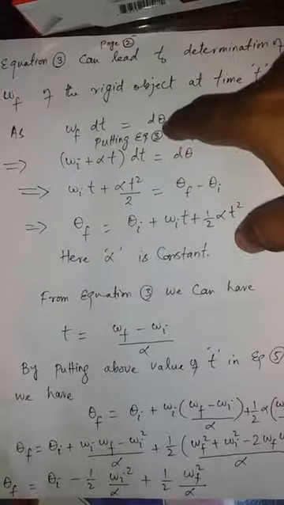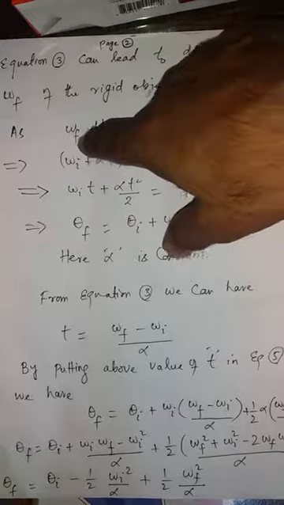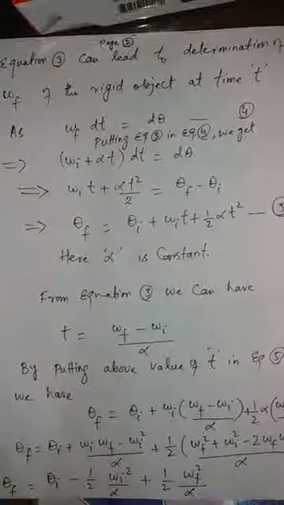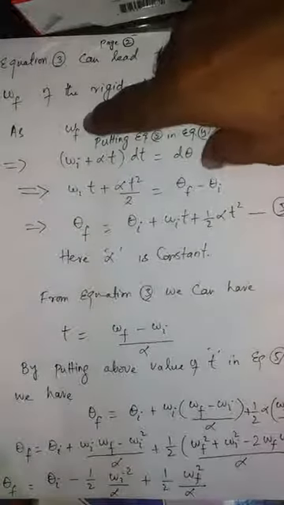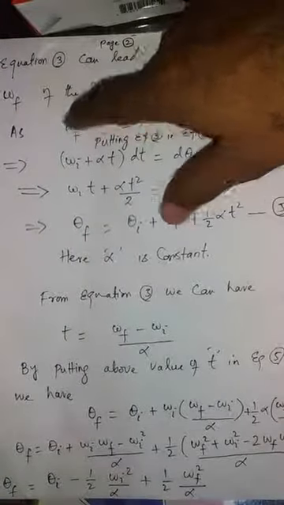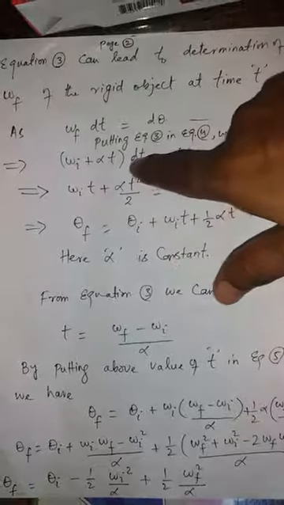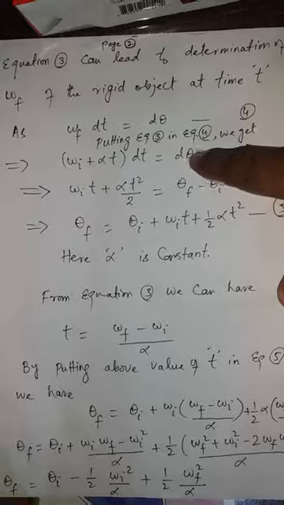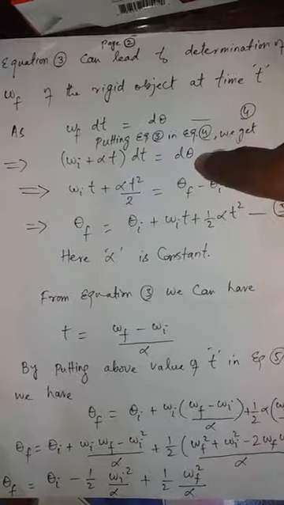As we have previously established that omega f is equal to omega i plus alpha t, we place the value of omega f here and get this relationship: omega i plus alpha t, dt, is equal to d theta.